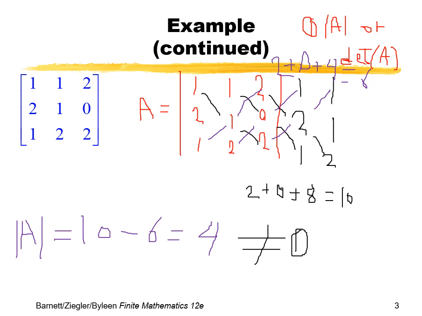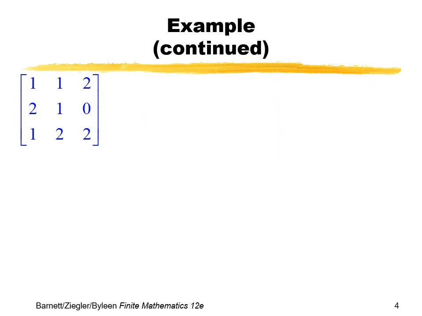The second step is calculating the minors and cofactors, or the matrix of minors and the matrix of cofactors. What is a minor? The minor of an element is the determinant that remains after deleting the row and the column of this element.